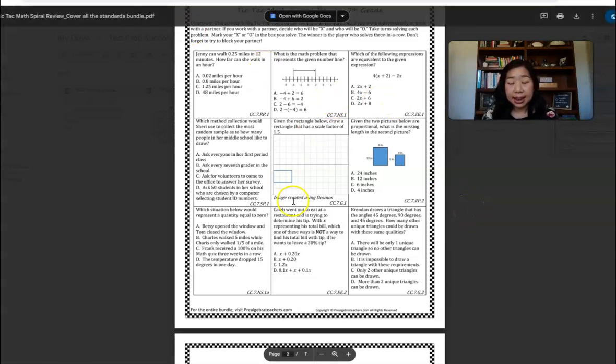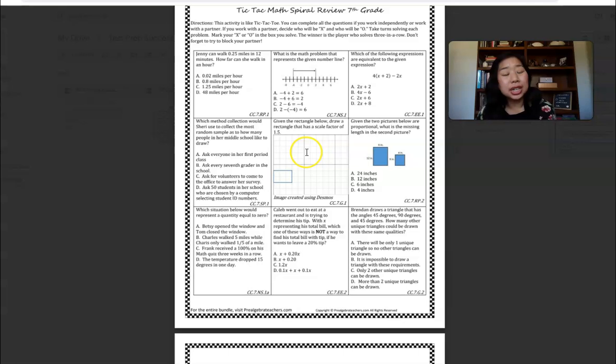Okay, so as I was saying, it's set up like tic-tac-toe, and you can use this in partners or individually. The questions around the perimeter of the sheets are multiple choice, and the question in the center is an open-ended question. This was important to me because I want students to be exposed to and practice both types of questions.